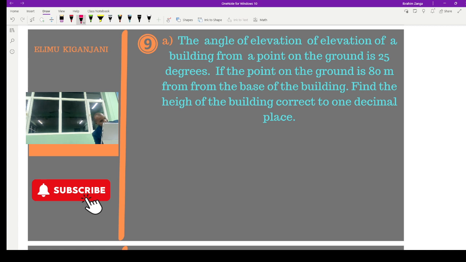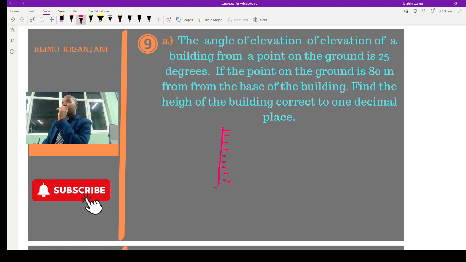So to find the height of the building, correct to 1 decimal place, first of all, we are going to draw the building. An apology, we're going to sketch. So let us see how the diagram will look. So this is a wall of a building.